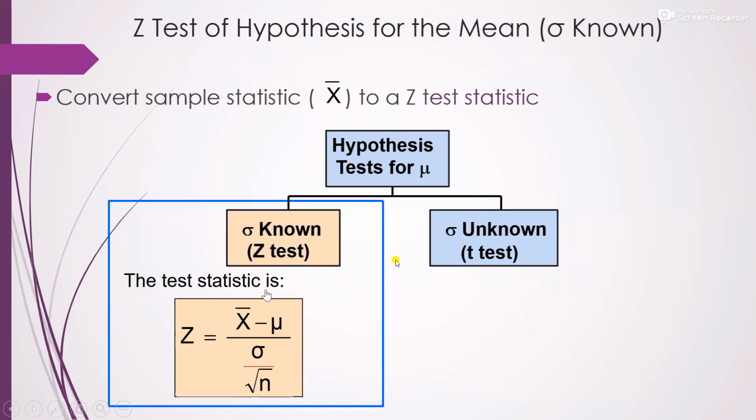So the z statistic is the standardized x bar: z equals x bar minus mu over the standard error, sigma over square root of n. Confidence intervals and hypothesis testing are all related things. Here sigma is known.